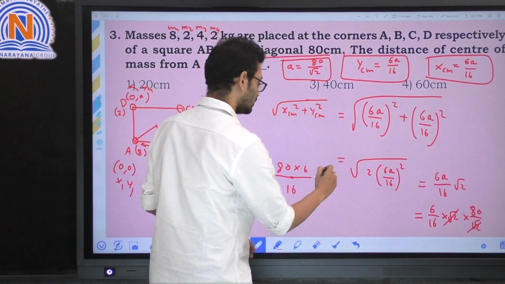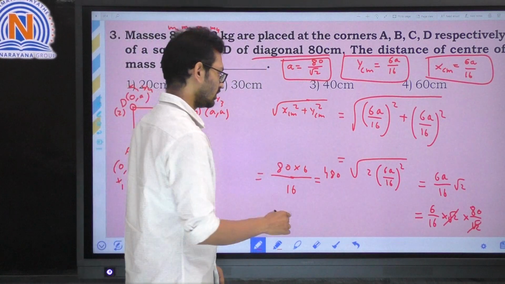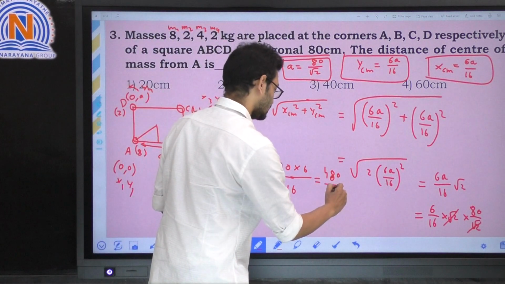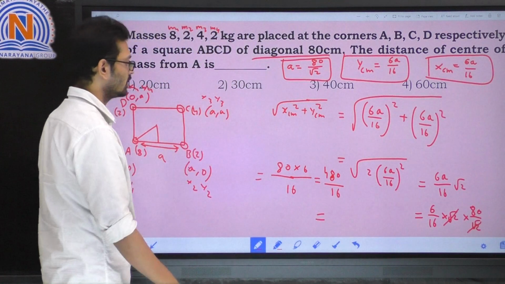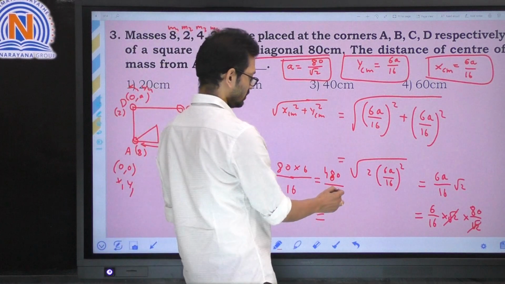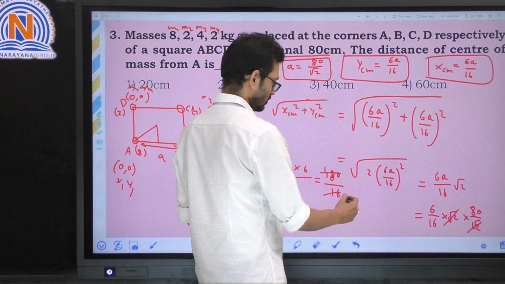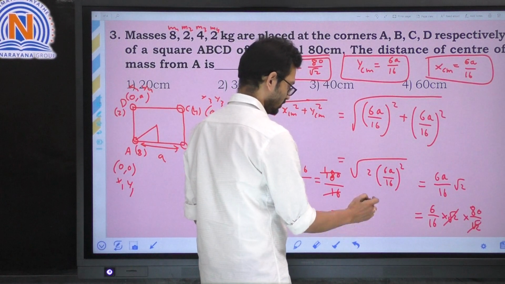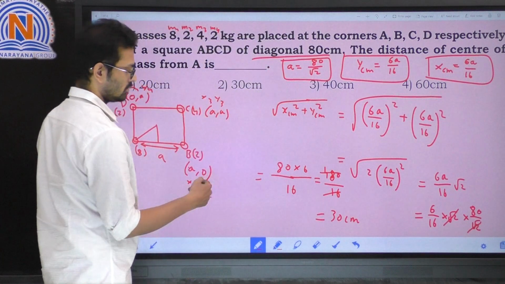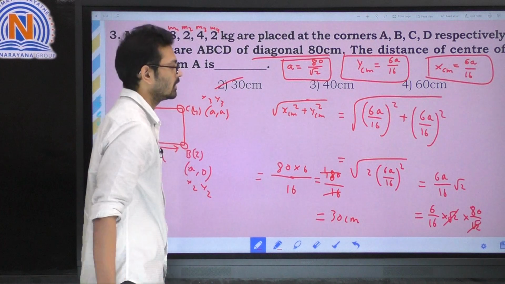Now when you solve this, you will get 480 by 16, 6 eights are 48. So 480 by 16, how much will you get? You will get 30 centimeters, which is option 2.